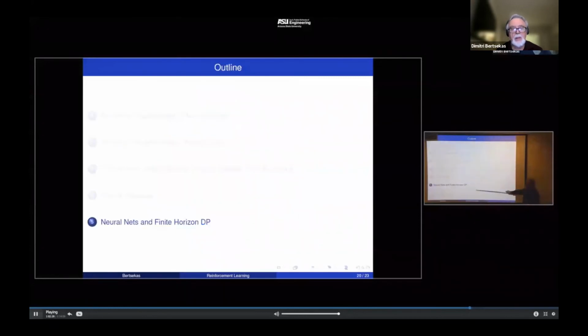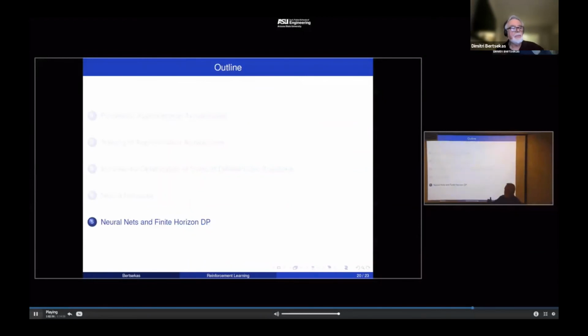Let's go into our final topic for today. We have these neural networks that can do cost function approximation and can be trained with incremental gradient methods and other methods. How do we use them in dynamic programming? In finite horizon dynamic programming, remember, in dynamic programming, we start at the end and construct cost function approximations.